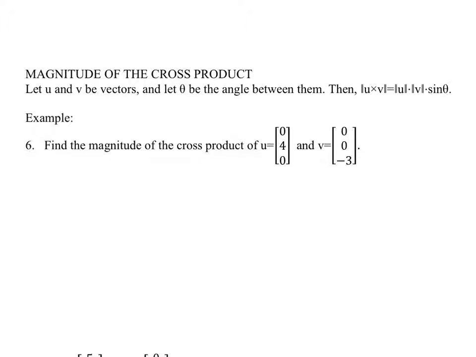All right. So first we'll use our rule. So we're looking for the magnitude of u cross v. I need the magnitude of u, the magnitude of v, and the sine of the angle between them. All right. So the magnitude of u.